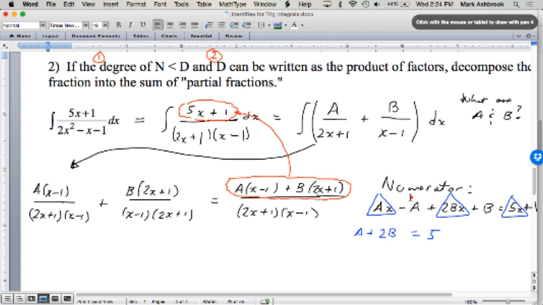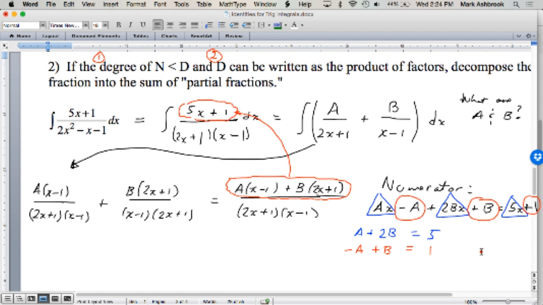And then we got our constants. Minus a plus b plus 1. Red circles. Minus a plus b equals 1. And what do we got? We got a system of equations.